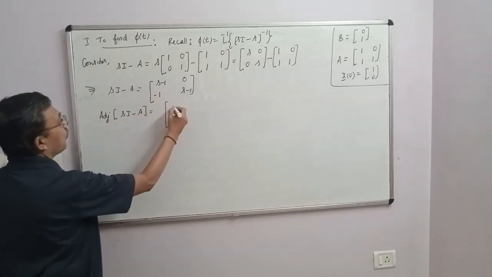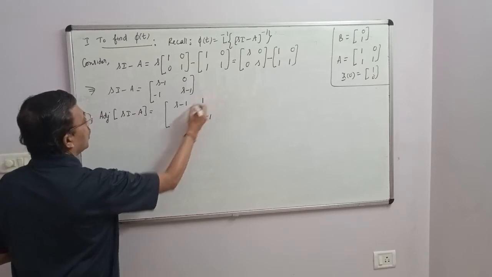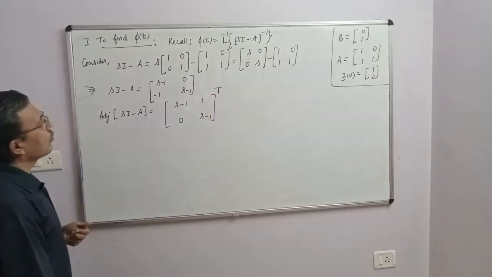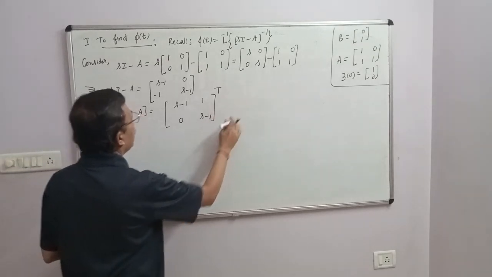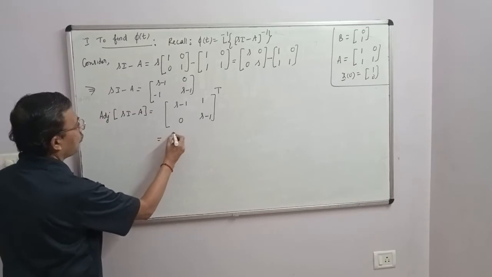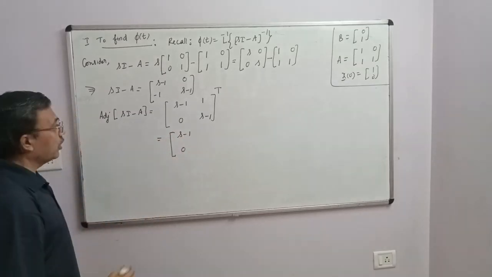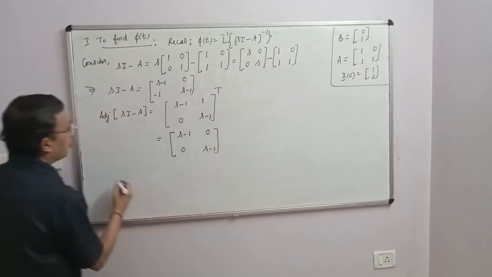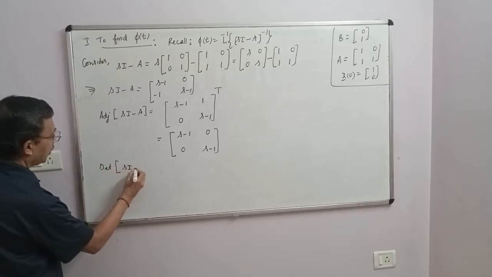The cofactors of this matrix are s minus 1, s minus 1, 1, 0, transposed. Transposition means the first row becomes the first column and the second row becomes the second column.